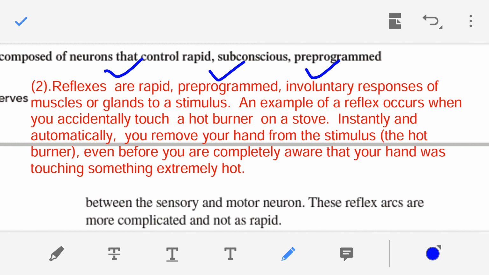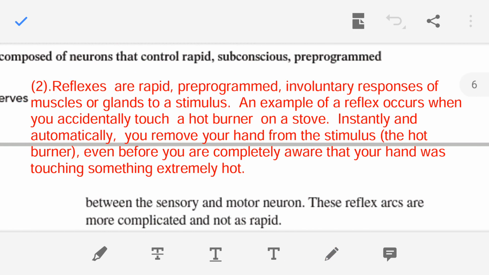The reflexes are the involuntary responses of our muscles or the glands present in our body towards a particular stimulus. So for a particular stimulus, our body, muscle and gland respond, and this response is known as reflex. Reflexes are rapid, pre-programmed and involuntary.